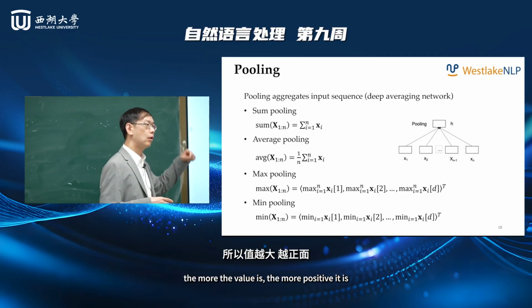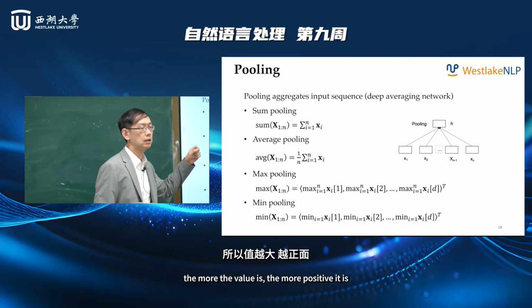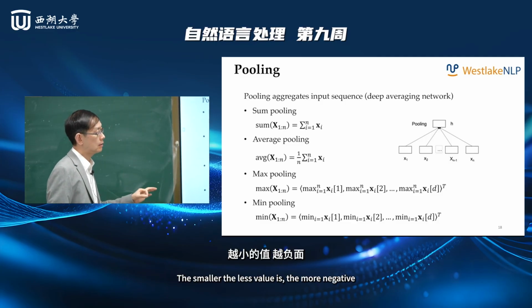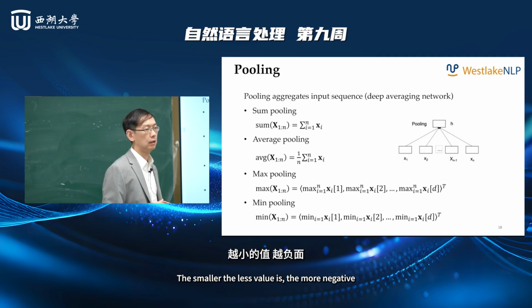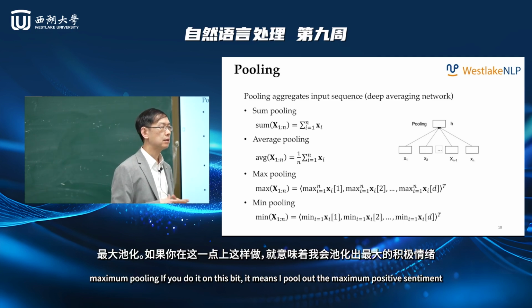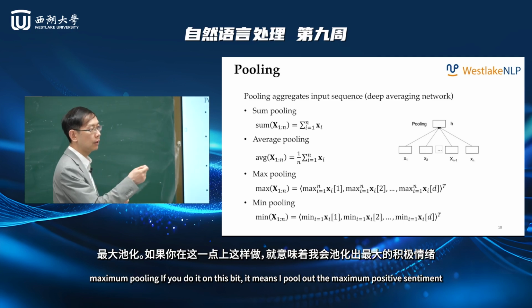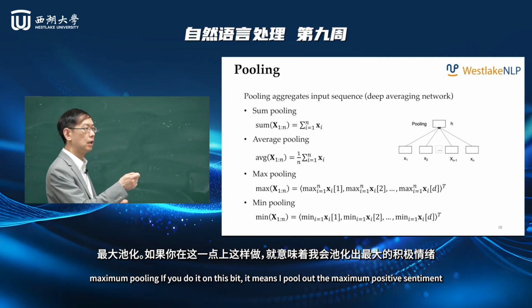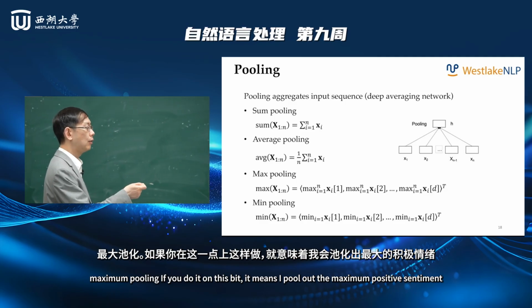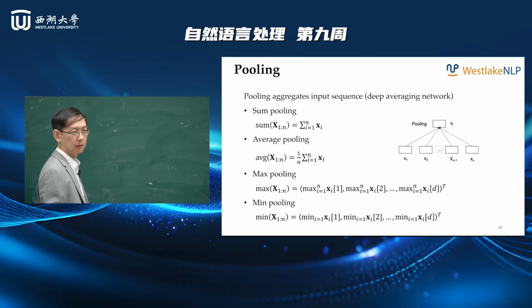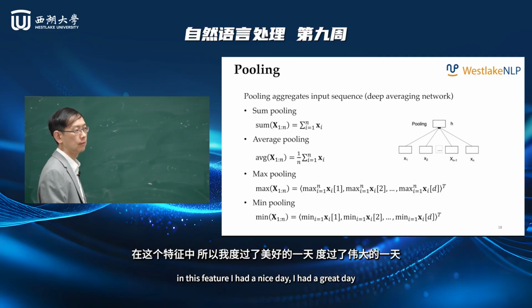The larger the value, the more positive it is. The smaller the value, the more negative it is. So if you do maximum pooling on this bit, it means I pull out the maximum positive sentiment in this feature.